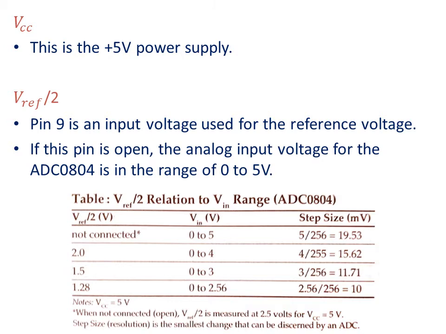If VREF by 2 is connected to 1.5 volt, then the Vin range is 0 to 3 volt, and the step size we get is 11.71 millivolt. And if VREF by 2 is connected to 1.28 volt, then the Vin range is 0 to 2.56, and the step size is 2.56 divided by 256, that is 10 millivolt.